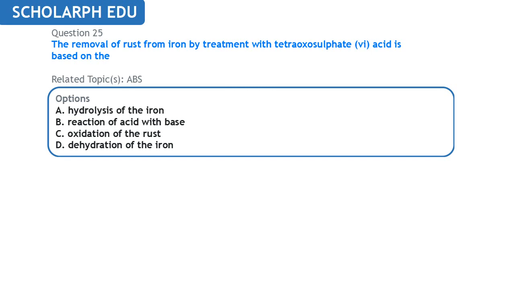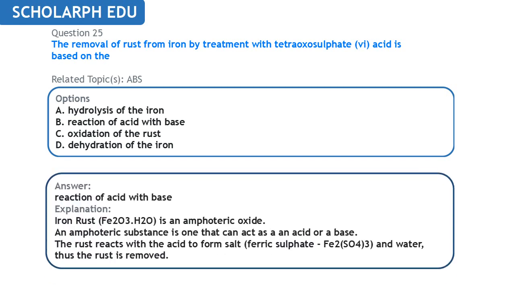The removal of rust from iron by treatment with sulfuric acid is based on the reaction of acid and base. Because the iron rust, the hydrated iron oxide, is an amphoteric oxide. What that means is that it's an oxide that can act as a base and as an acid.